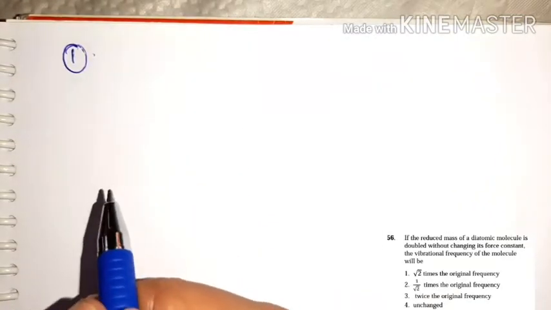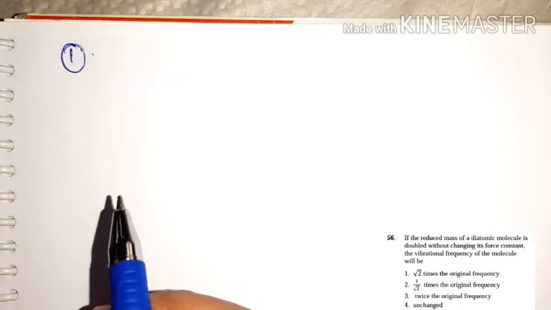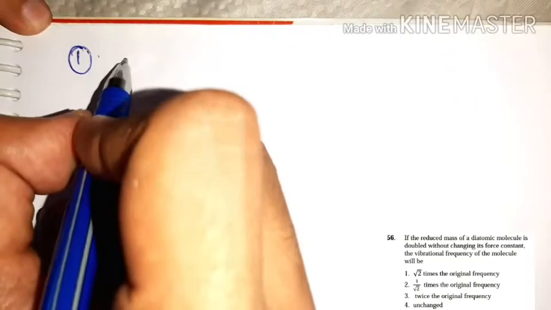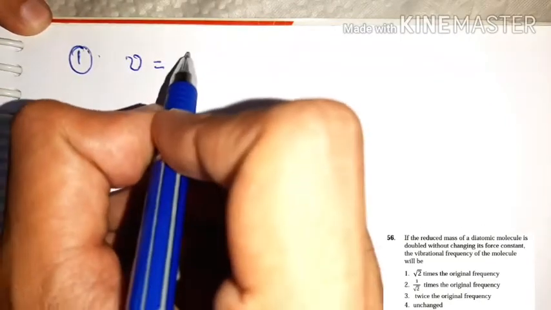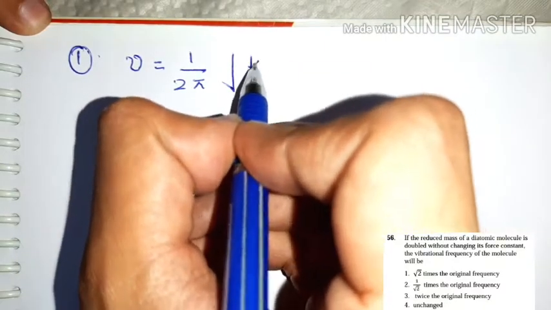Now see friends, we have a general formula from which we must find the relation between vibrational frequency, reduced mass and force constant. The formula is: vibrational frequency equals 1 upon 2 pi under root of k upon mu.